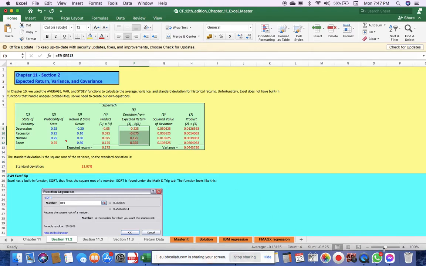The deviation from the expected return is equal to the return minus the expected return. Drag it down to calculate the deviation for each probability.